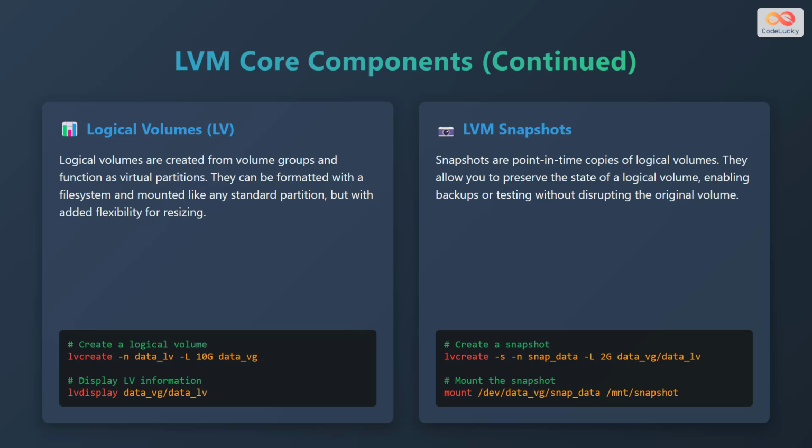To create a logical volume, you can use the command lvcreate followed by options like -n for the name, -L for the size, and the volume group to use, such as data_VG. For example, lvcreate -n data_LV -L 10G data_VG. To display information about a logical volume, use the command lvdisplay followed by the volume group and logical volume name, like data_VG/data_LV.